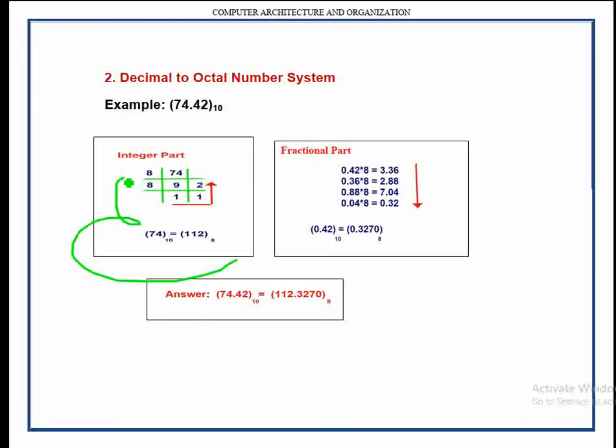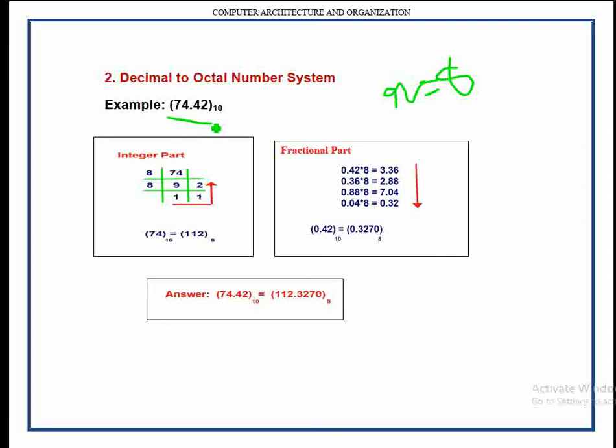Now let's discuss how to convert a decimal number into the octal number system. For the octal number system, what is the base, or the radix? 8 is the radix. So we have to apply the above two rules for converting decimal into the octal number system too.